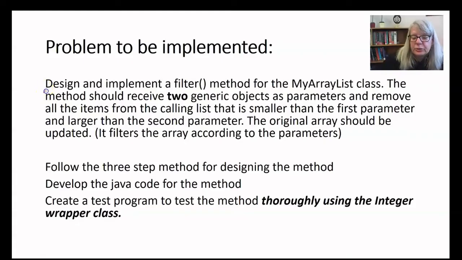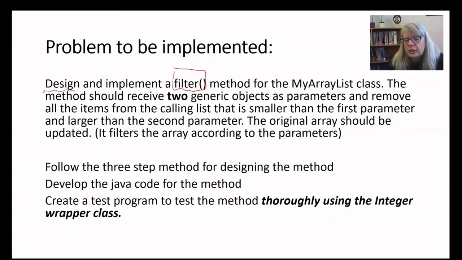Design is the first word you have to see, and implement a filter method for the myArray class. This is the unique part. The name of the method is question specific. Now you should read what the filter method must do.